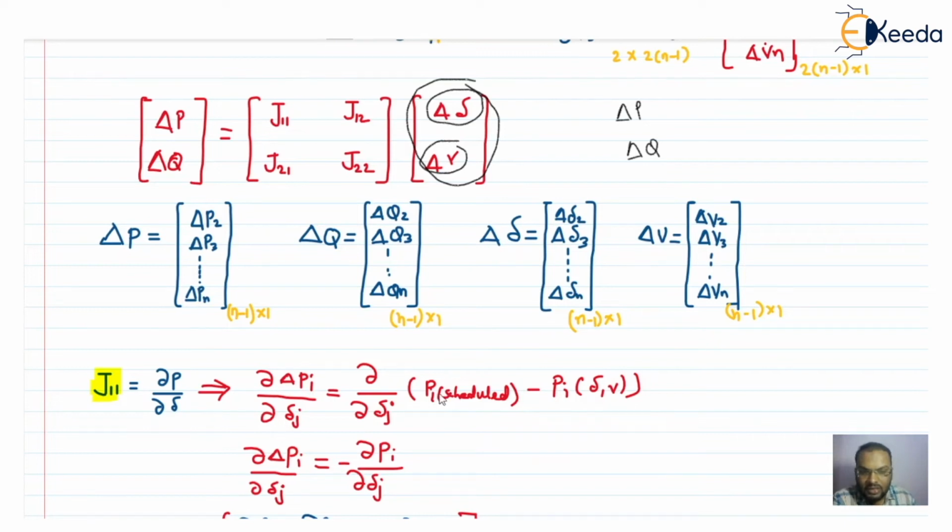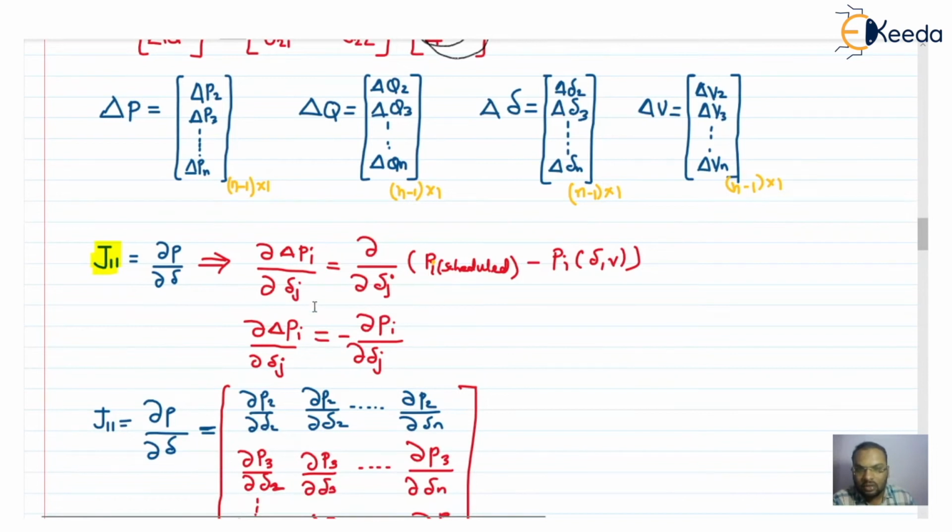It is the scheduled power at the ith bus minus the actual power on the ith bus. This scheduled value is a constant value. The differentiation of this constant will become 0. Now we get this term. This is negative, so this negative will come here. So we are getting the partial differentiation of the real power on the ith bus with respect to the phase angle on the jth bus with a negative sign, so minus minus gets cancelled. That is why I have not considered the minus sign in the second step.